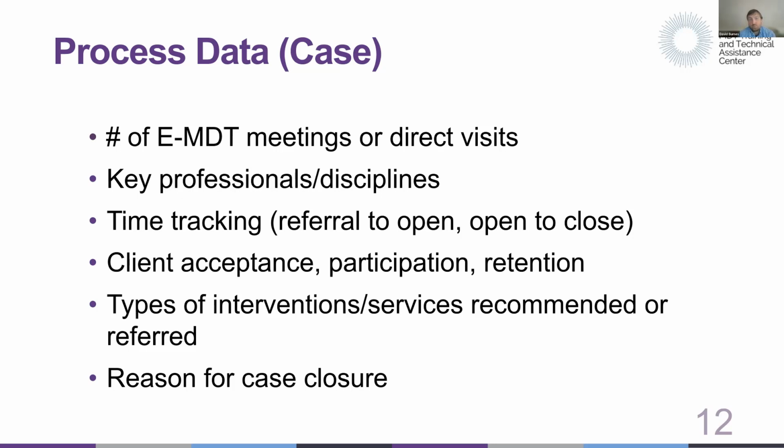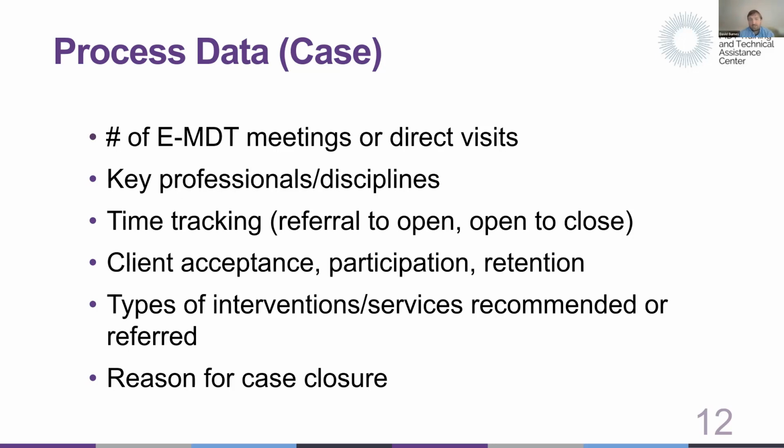For each case, who are the key professionals, the key disciplines that tend to be particularly relevant? Again, that informs, from a resource perspective, whether more resources need to be targeted towards different disciplines or professions to bring more of them to the table, or less.